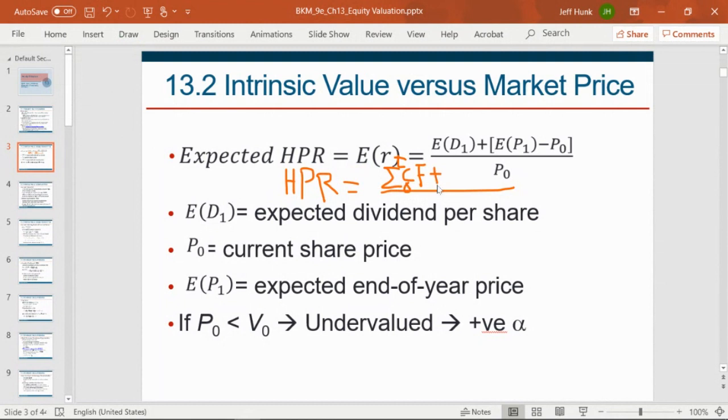And then price at time t minus price at time 0. I mean, t can be 5 or 10. If t is 5, right, 5 years, there must have been dividends paid out over the last 5 years, right?